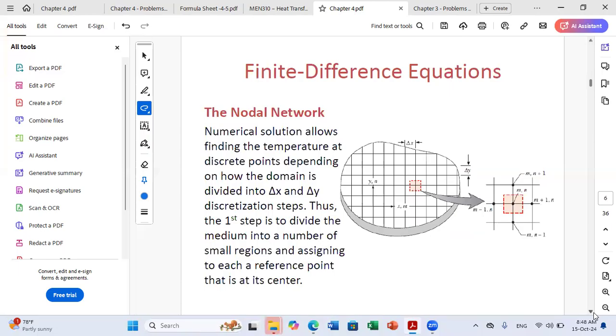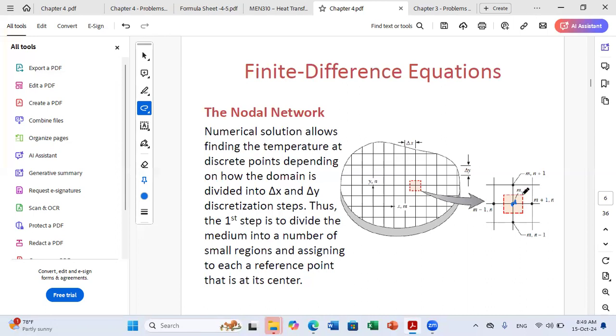Now, I think that you have taken already some numerical techniques, okay? So for example, we can use the finite difference equations. What is the idea here? It consists of dividing our domain into small elements, okay? And each element will be constituted by a center and faces.